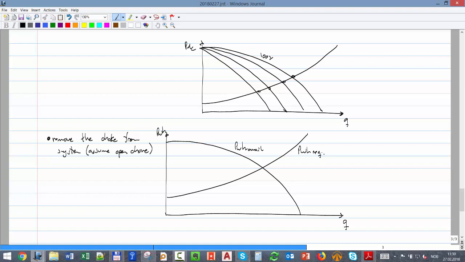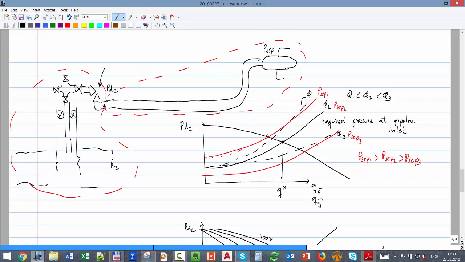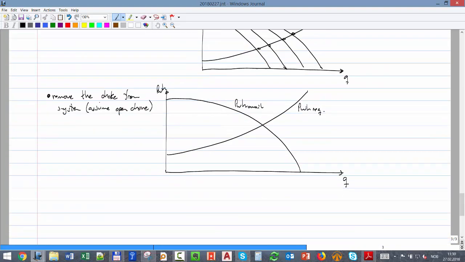If I want to put a choke exactly on that intersection point, and I want to produce that rate, what will be the delta P that the choke has to provide to get that rate? Just the difference. Is that clear for all of you?